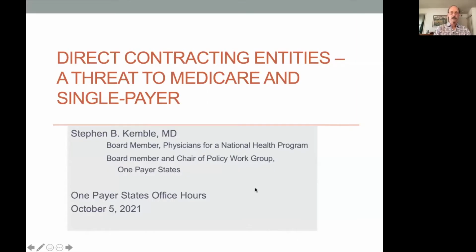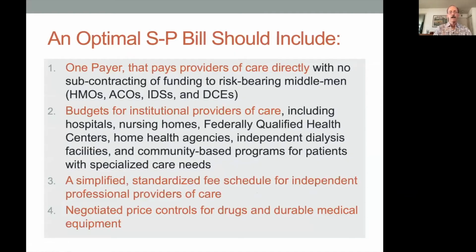Okay, so this is the review of the fundamentals of insurance and risk. So an optimal single payer program should have one payer that pays providers of care directly with no financial middlemen, no risk-bearing entities in between the payer and the providers of care.